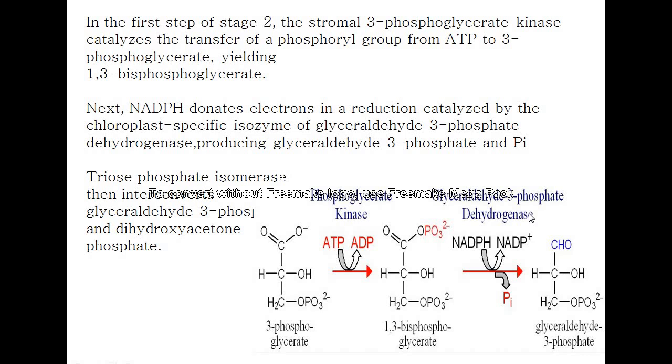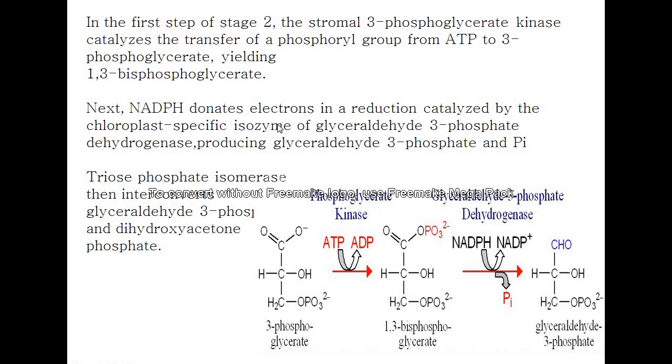In അടുത്ത സ്റ്റെപ്പിൽ ഈ glyceraldehyde 3-phosphate dehydrogenase converts 1,3-biphosphoglycerate to glyceraldehyde 3-phosphate. So that results in the loss of the inorganic phosphate, and the energy for this reaction is produced by the reducing equivalent NADPH, which was generated in the thylakoid by light reaction. That results in the formation of glyceraldehyde 3-phosphate.